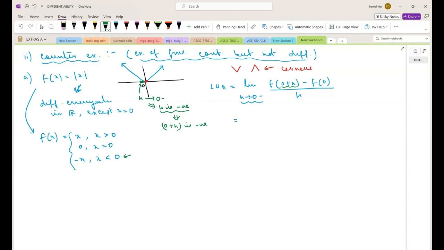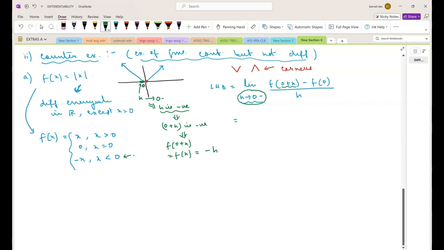So this fact tells me that if h is negative, that means my third branch will be active. So if 0+h, which is f(h), will be, according to the definition of mod x, minus h.